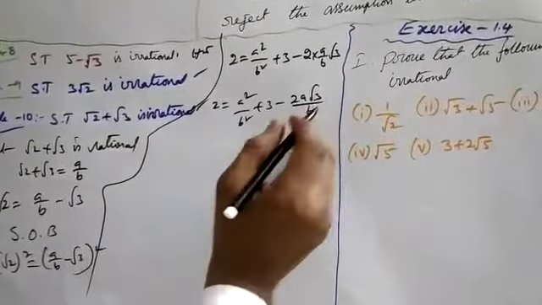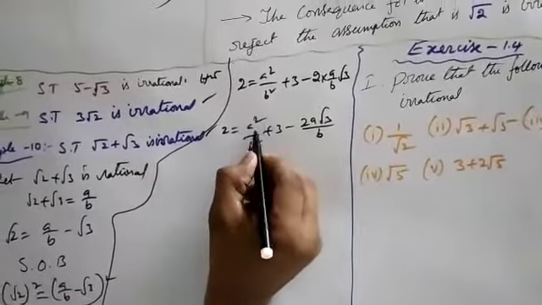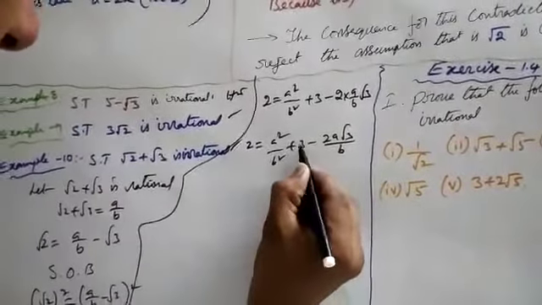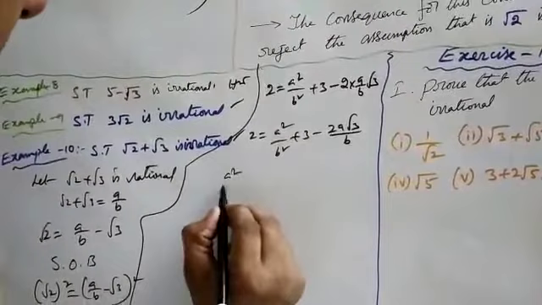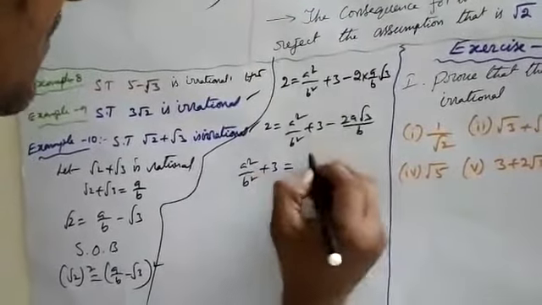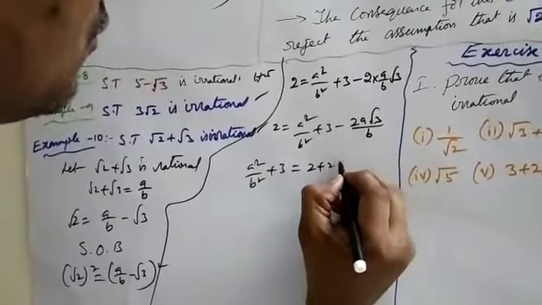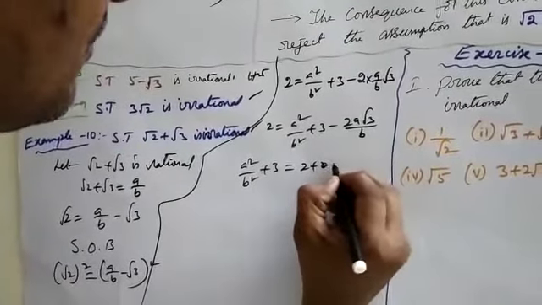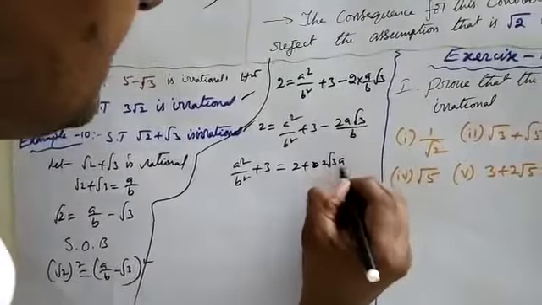Therefore, a square by b square plus 3 is equal to 2 plus 2 root 3 a by b.